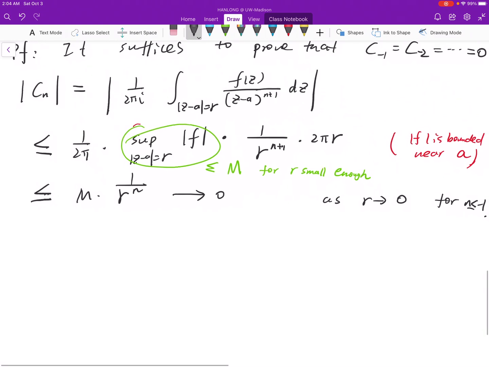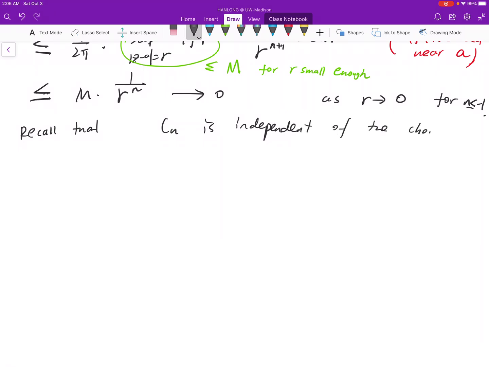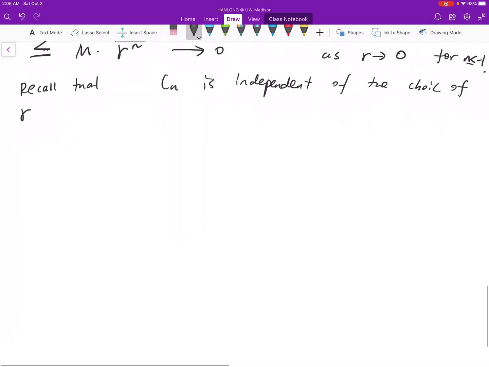Okay, but recall that C_n is independent of the choice of the radius r. This is by the Cauchy-Goursat theorem.